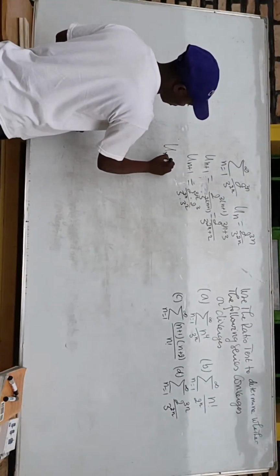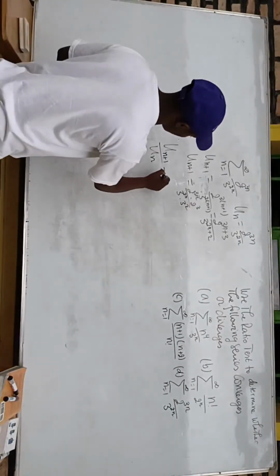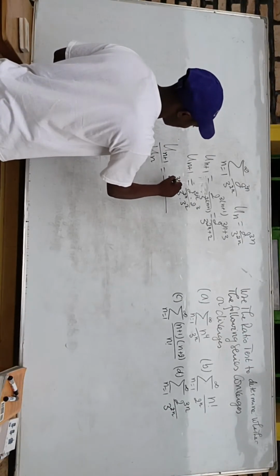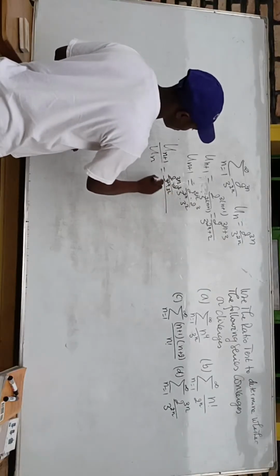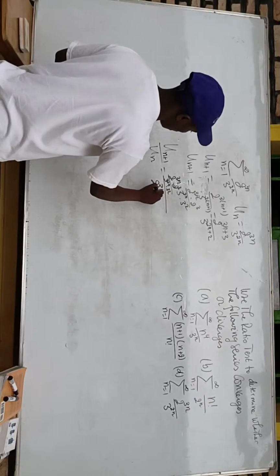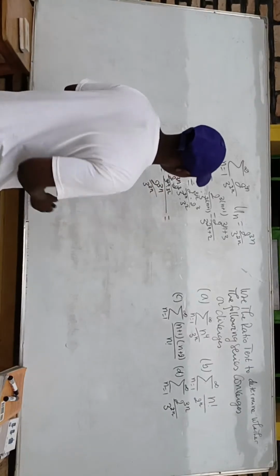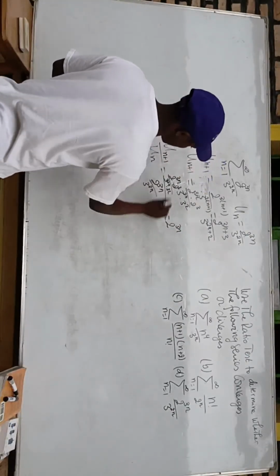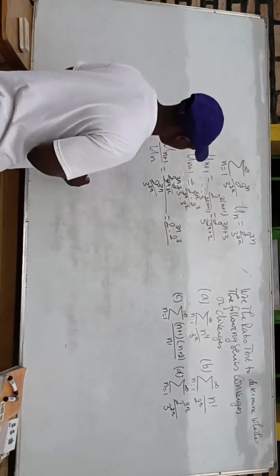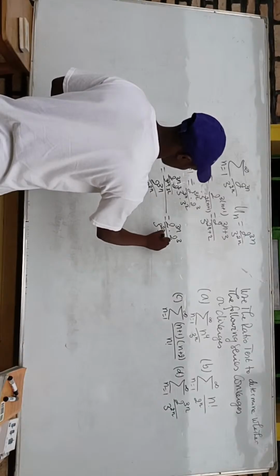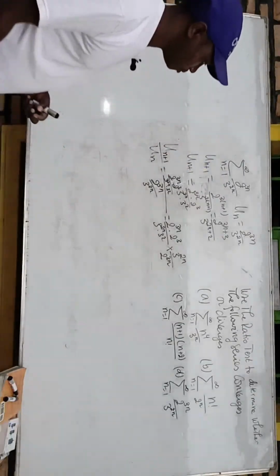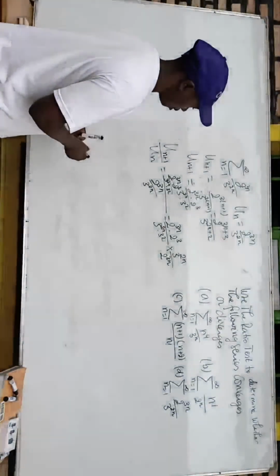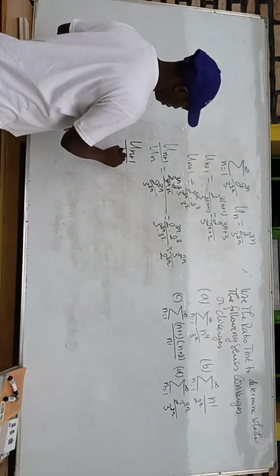Let's have u_(n+1) divided by u_n. Our u_(n+1) is 2 to the 3n times 2 cubed over 3 to the 2n times 3 squared, and u_n is 2 to the 3n over 3 to the 2n. Let's multiply by the reciprocal, 3 to the 2n over 2 to the 3n.